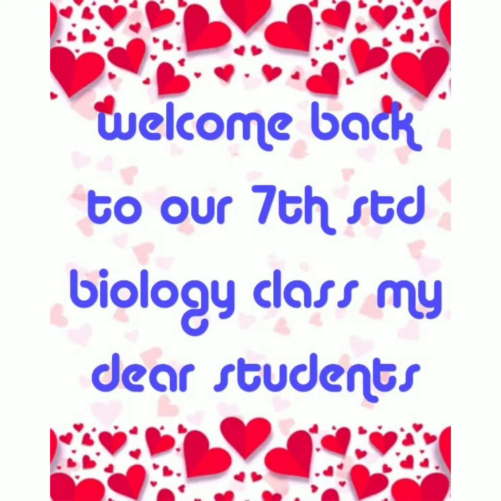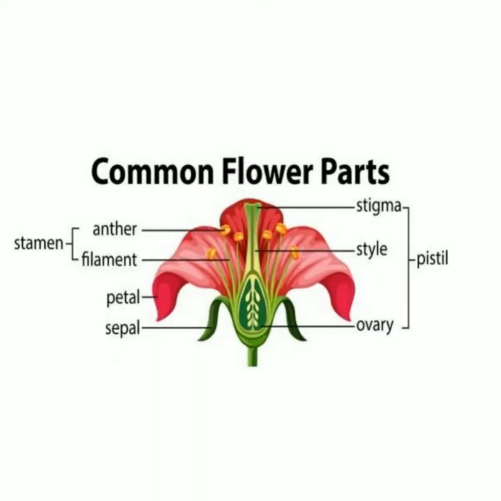In the previous class, we completed mode of reproduction and asexual reproduction in chapter 12, reproduction in plants. Today in this session, we are going to learn about sexual reproduction in chapter 12. Dear students, take page number 136 in your science book.